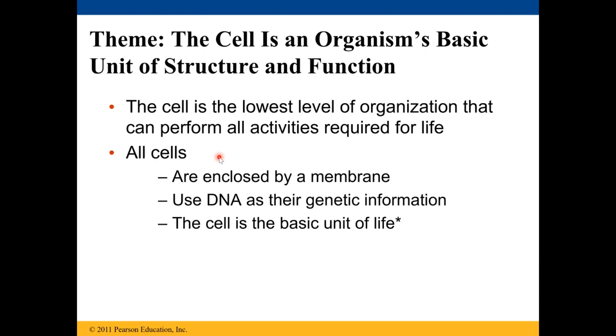So there are four things that all cells have in common. Enclosed by the plasma membrane as a boundary between the inside and the outside, use DNA to store the genetic material, use the same 20 amino acid building blocks to make our proteins, and use ATP as an energy molecule.